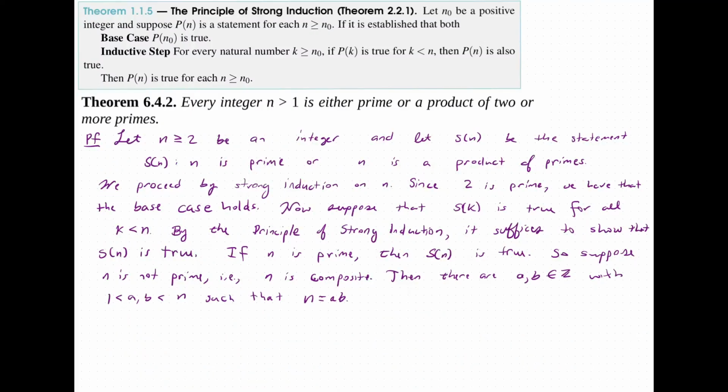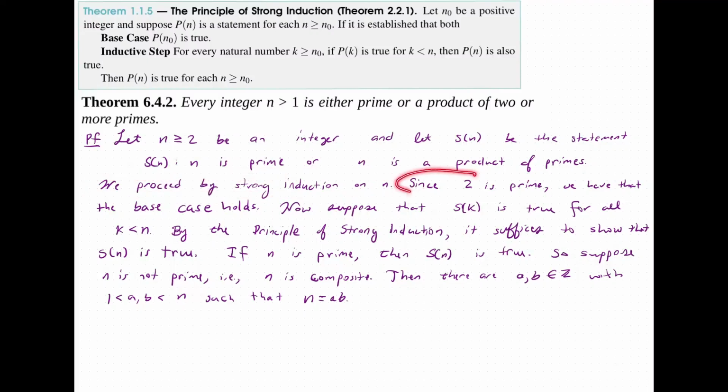So here is the formal write-up of the proof of Theorem 642 up to where we left off in our scratch work. As before, we have n greater than or equal to 2, an integer. We have our statement S of n: n is prime, or n is a product of primes. Since we are going to be doing strong induction, we want to inform the reader, so we have this phrase here: we proceed by strong induction on n.